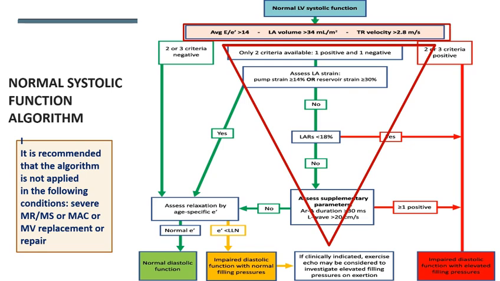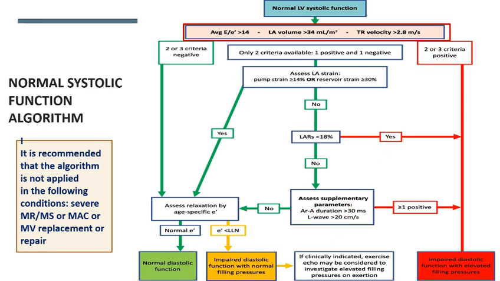When only 2 criteria are available with 1 positive and 1 negative, the missing parameter can be replaced by left atrial strain. High normal values of LARS more than 30% and LAPS more than 30% indicate normal left ventricular filling pressure with very high accuracy.